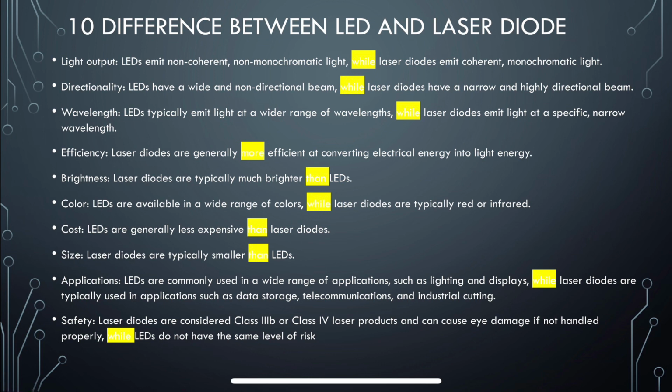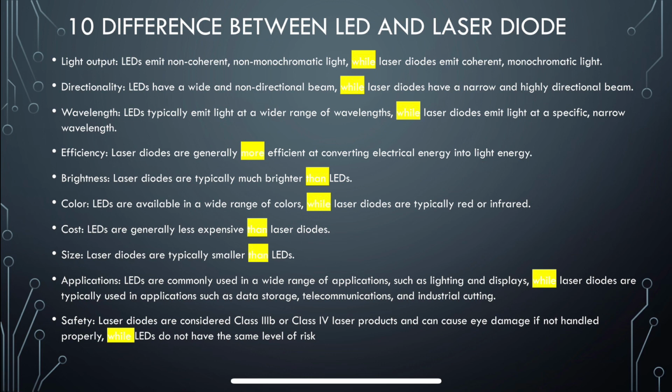LED has a wide and non-directional beam, while laser diode has a narrow and highly directional beam. Wavelength. LED typically emits light at a wider range of wavelengths, while laser diode emits light at a specific narrow wavelength.